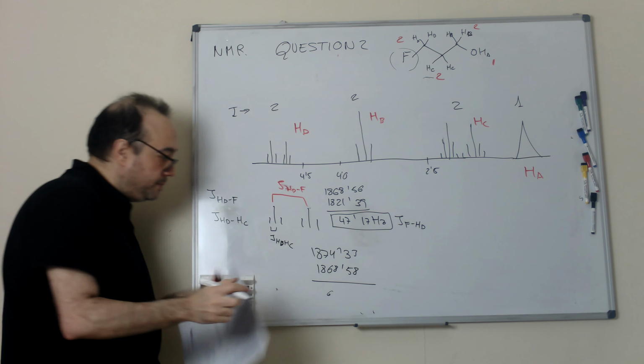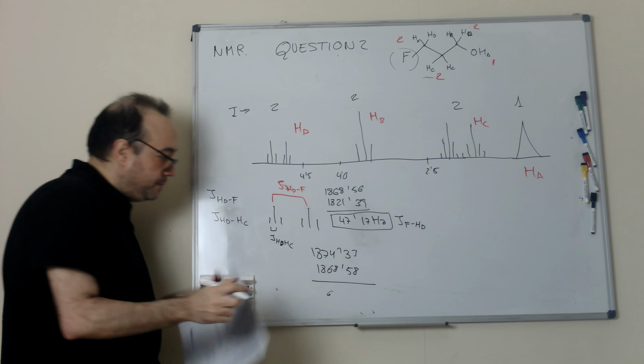Remember that when we have this type of doublet of triplets, to calculate the coupling constant of the doublet between the two triplet signals, we can take any of these distances: the distance between the major peak and the major peak, or the first peak over the first peak, or the last peak over the last peak.